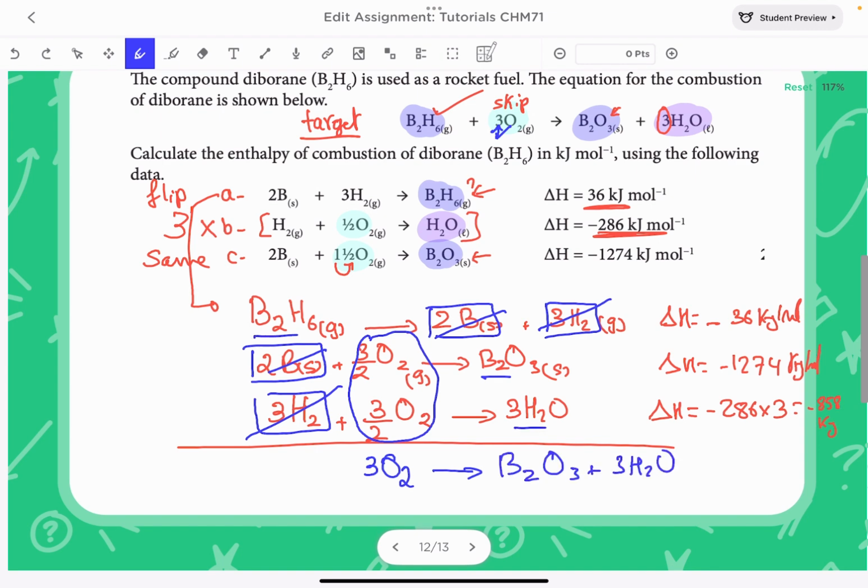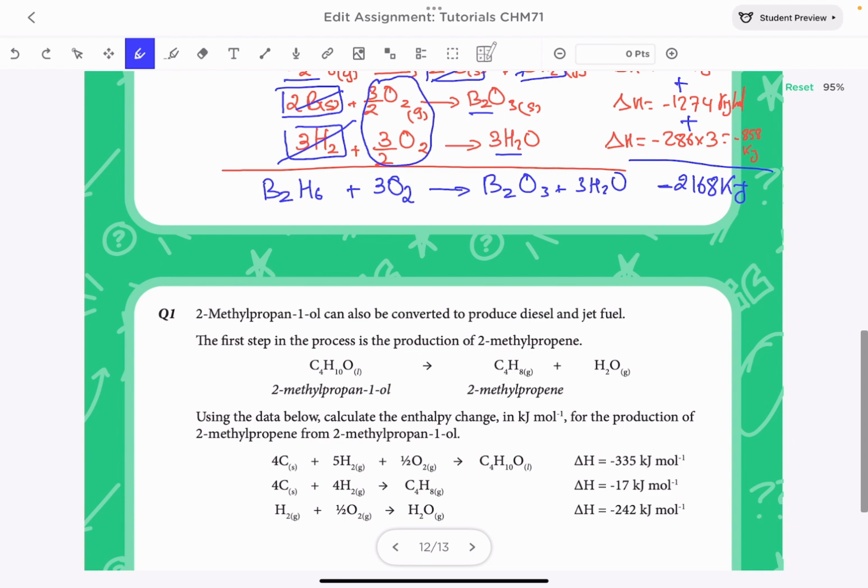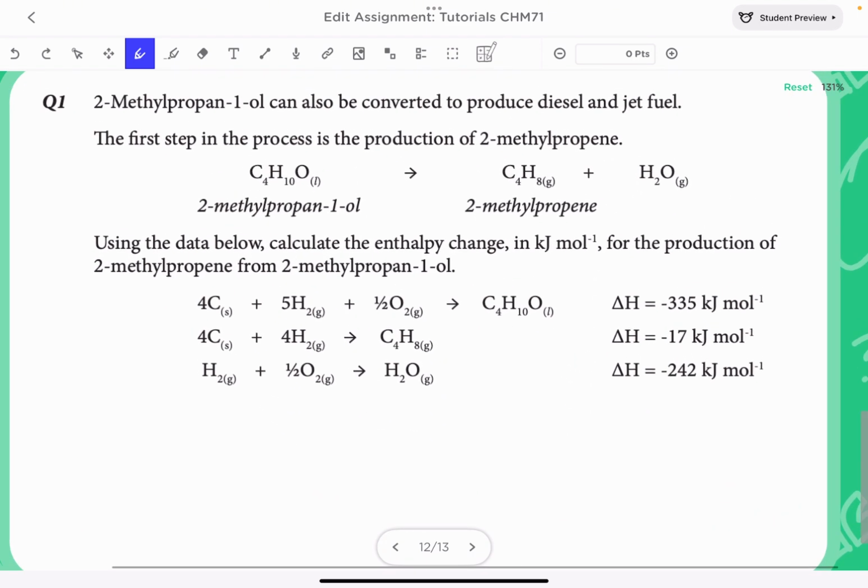So again, I got back the target equation. And therefore, the enthalpy is the sum of all these values. So it's negative 36, and 1074, and 858. So the final answer is negative 2168 kilojoules.